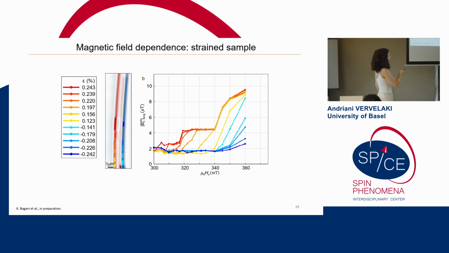And we're plotting its magnetic signal against the field applied along the z-axis. And what we see is a very strong correlation of the switching field increasing, going from the most tensile region, so the dark red plot, towards the very dark blue plot, which is compressively strained.